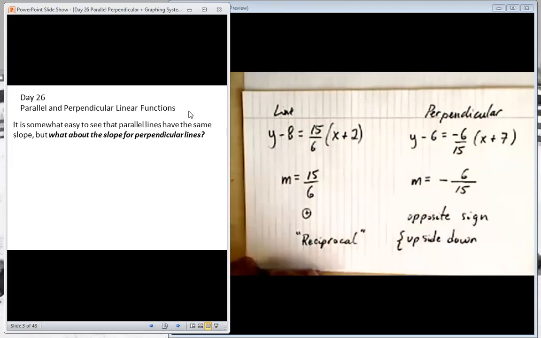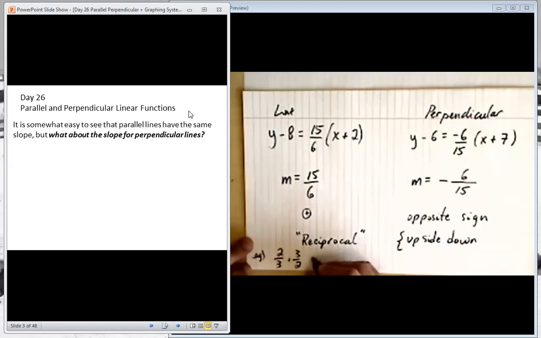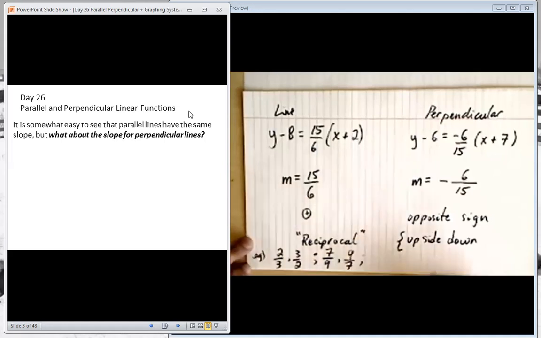These are examples of reciprocals. 2 over 3, along with 3 over 2, upside down. See that? 7 over 9, upside down. Reciprocal, 9 over 7. This one might seem funny.